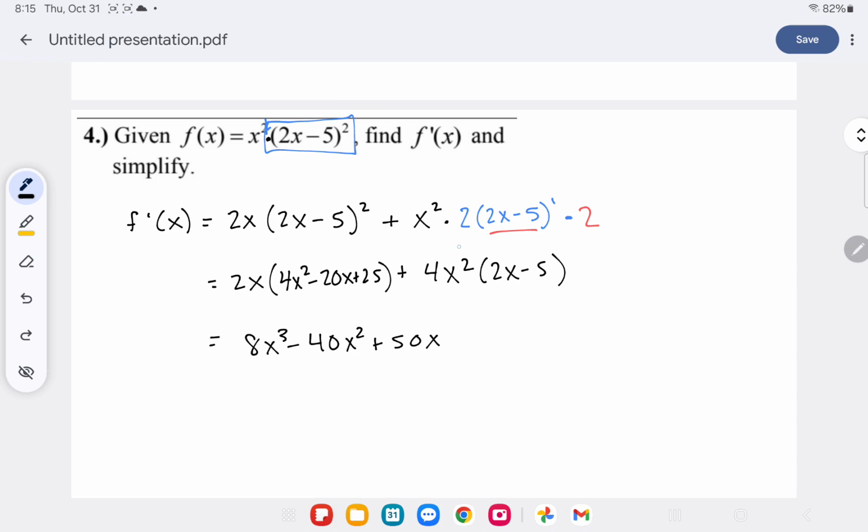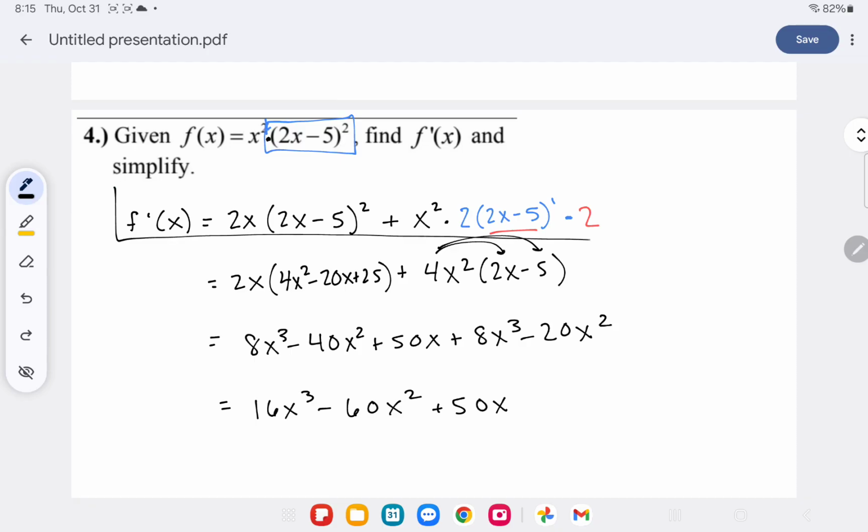And then I'm going to distribute over here too to get 8x cubed minus 20x squared. And lastly, I can combine all my like terms to get this as my final answer. The most important part, though, is that first step. From there, it's just using basic simplifying steps.